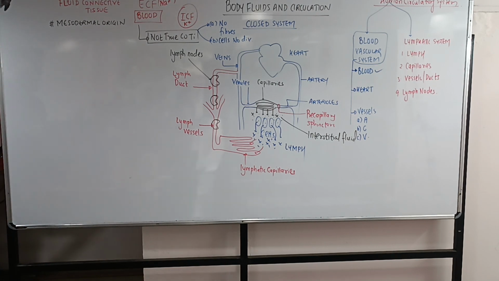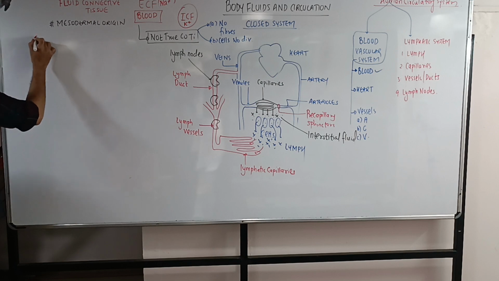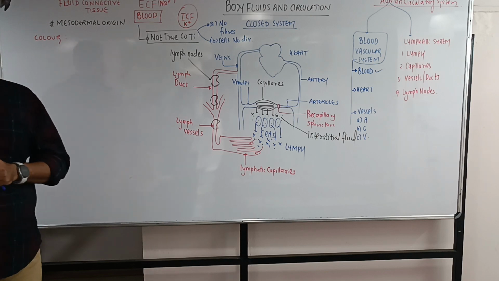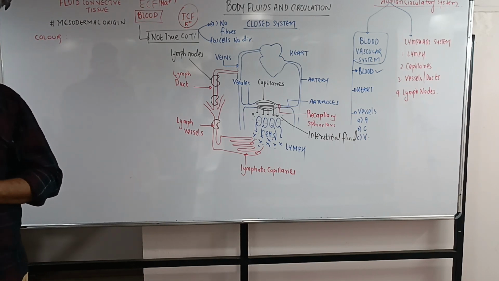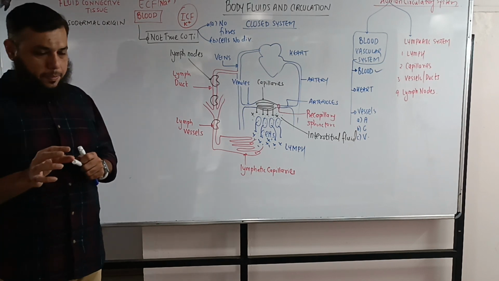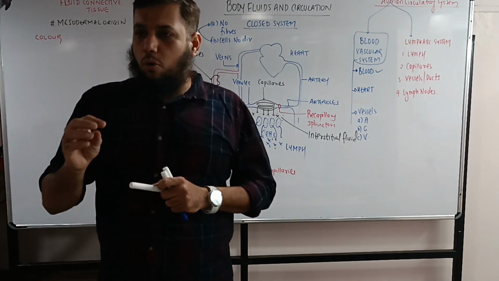Now, let us talk about some of the physical properties of blood. What's the color of human blood? Red. Oxygenated blood is bright red, and deoxygenated blood is dark red, dull red. When we say deoxygenated, does it mean that the blood does not have oxygen at all?